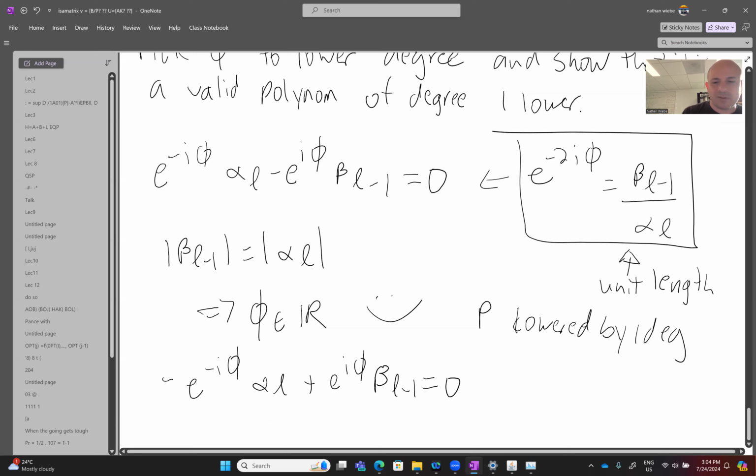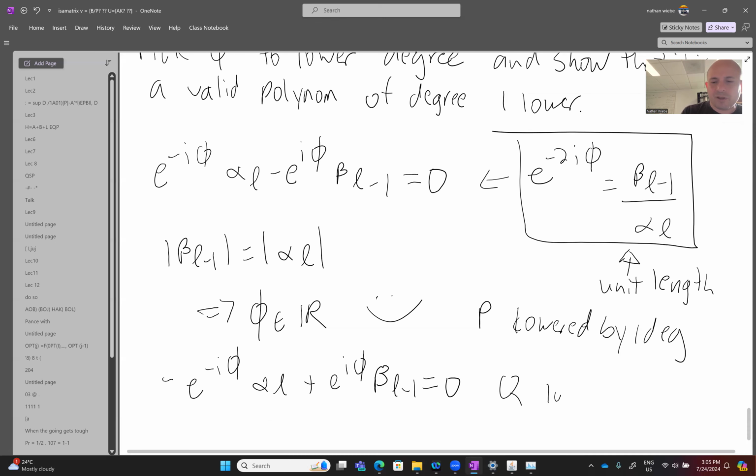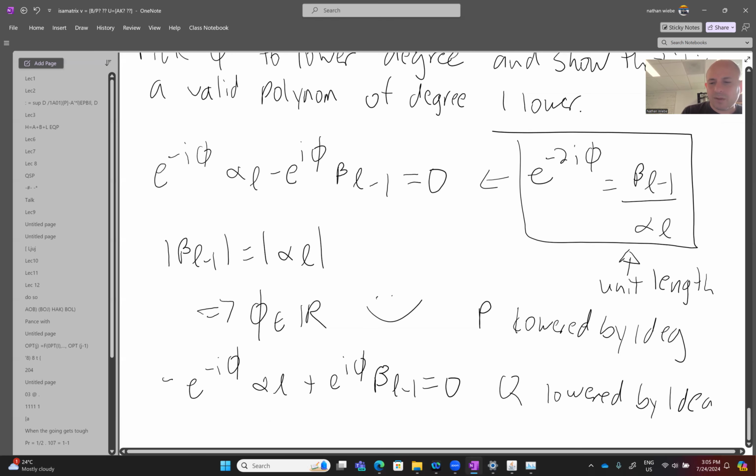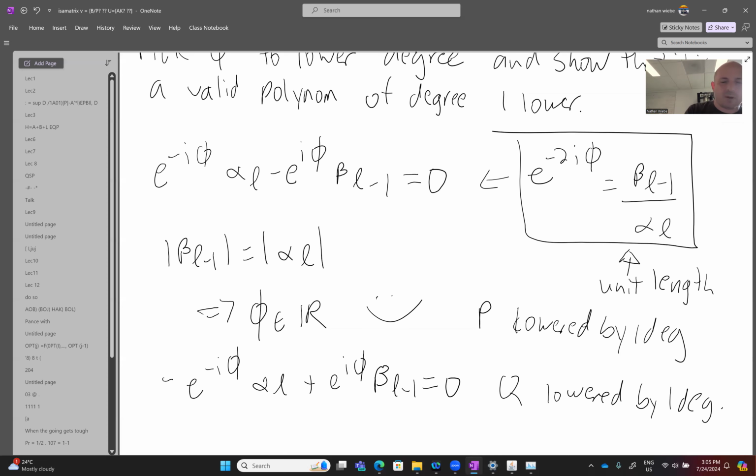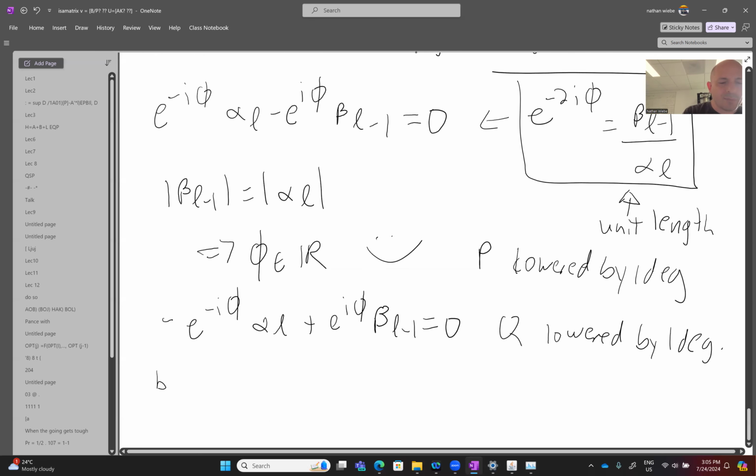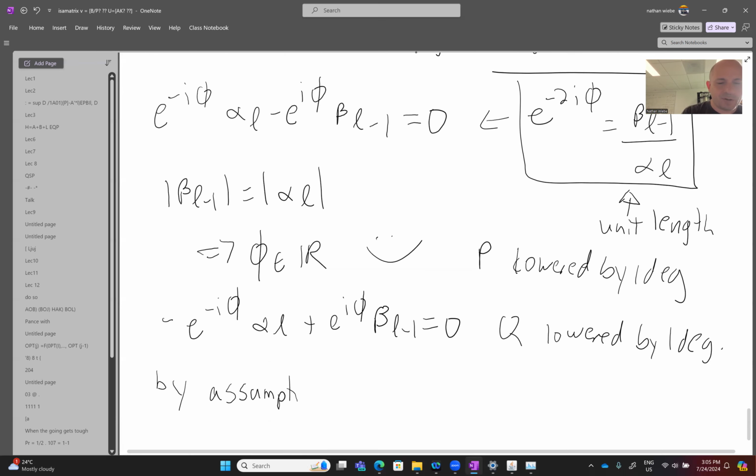And then we can see that the same choice implies q is lowered also by 1 degree. So by picking our phi in that appropriate way, we can always lower the degree by 1, by assumption.